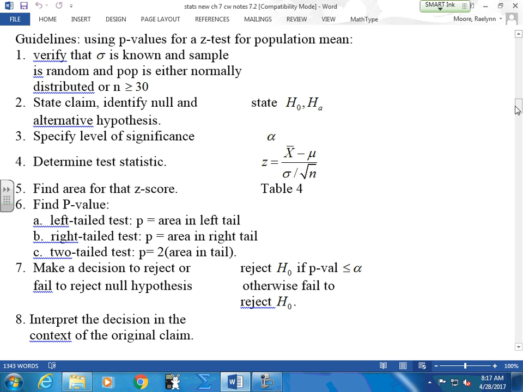We're going to pull out our level of significance. It's either going to be 0.01, 0.05, 0.10. We're going to test it. We're going to find your z-score. We're going to graph this with a tail. We're going to find your p-value right now. We're going to test it. We're going to make a decision. And then we're going to go to this chart right here. And we're going to interpret your decision.